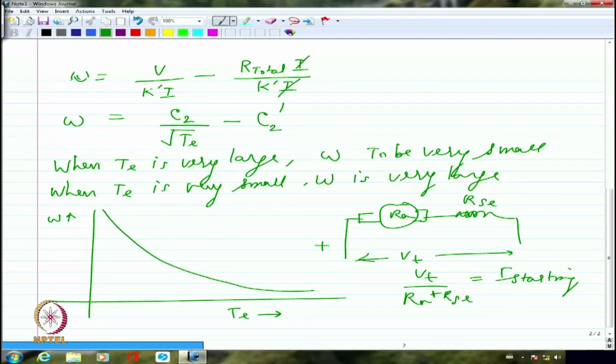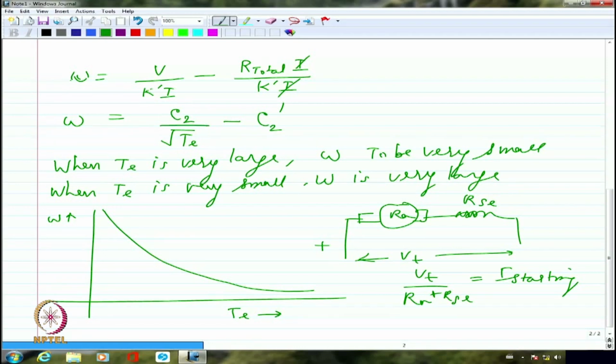When the motor is starting, omega is 0. So I will not have any back EMF. If there is no back EMF, the only limiting factor for the current will be the resistances, nothing else. So this is going to be the starting current. The starting current could be very, very large in any DC motor, when I am starting it with full voltage.